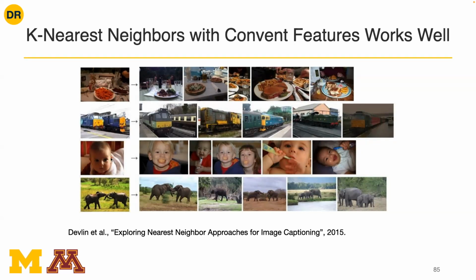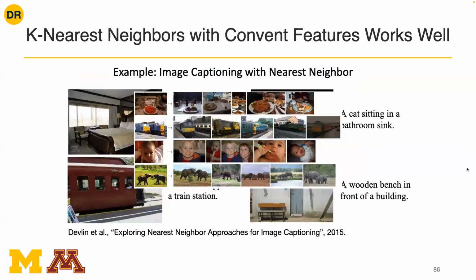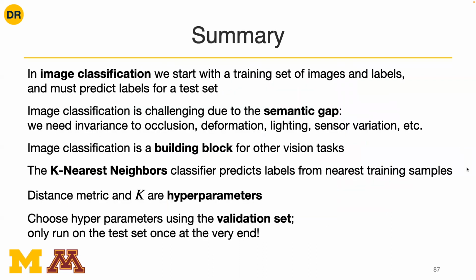You can see that it's fairly robust to viewpoint variation, to occlusion, and to changes to the pose of the subject. For example, the trains here: the orientation of the trains changes in these nearest neighbors, and yet the classifier is still able to find those as being related. So k-nearest neighbors does have some nice properties that we can use it for.